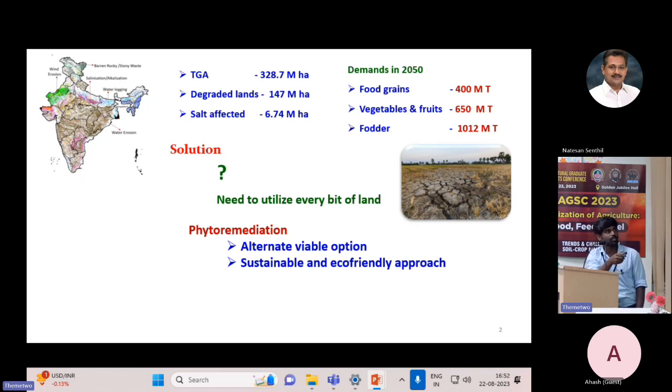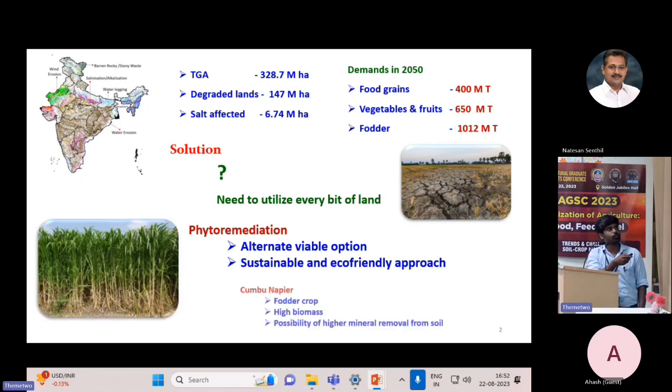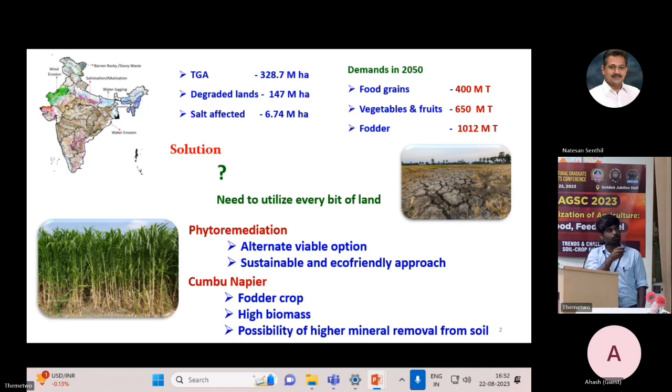So I have selected phytoremediation as an optimum tool, and it's a sustainable and eco-friendly approach. Here Cumbu Napier is selected as a good phytoremediation tool because it's a high biomass fodder crop, more able to remove the mineral matter from the soil, especially in salt affected areas with sodicity conditions.